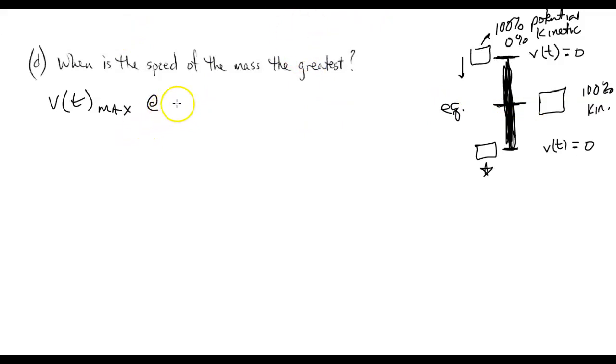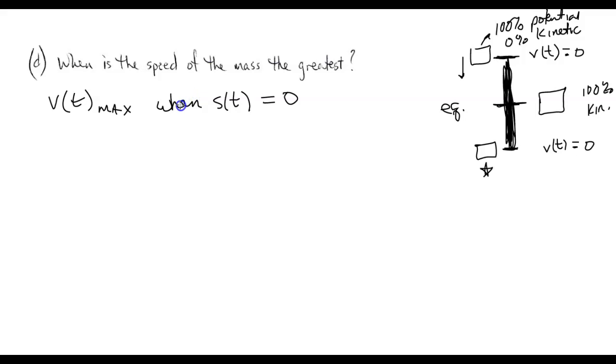And so we know, I was going to write it one way, but I think I'm going to write it another. This will make it a little bit more simple. So essentially, V of t is maximized when S of t is equal to 0. And this is another way of saying the times at which our mass is at equilibrium.